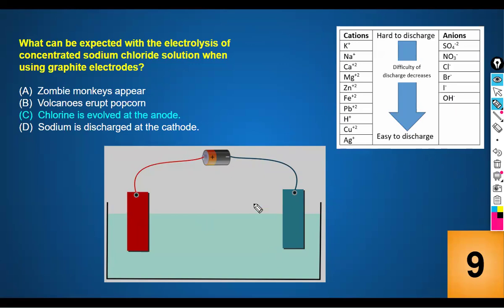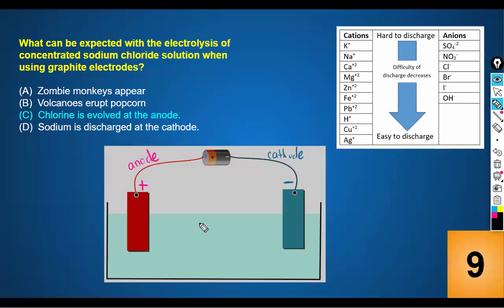So the side that's connected to the positive side of the battery, as you all know, is called your anode, and that will develop a positive charge. And the negative side, you call that what? The cathode, and that will develop a negative charge.